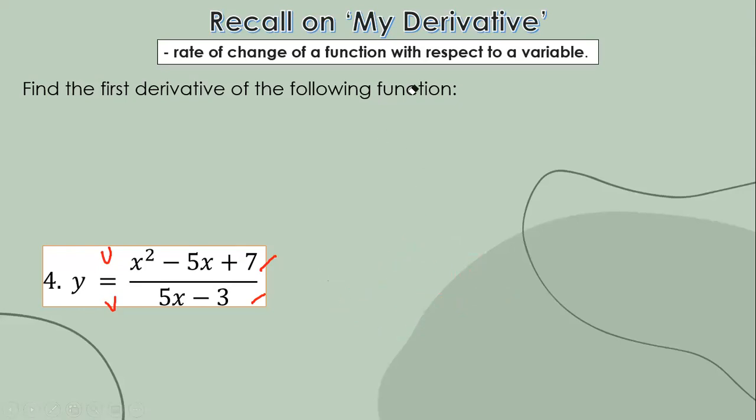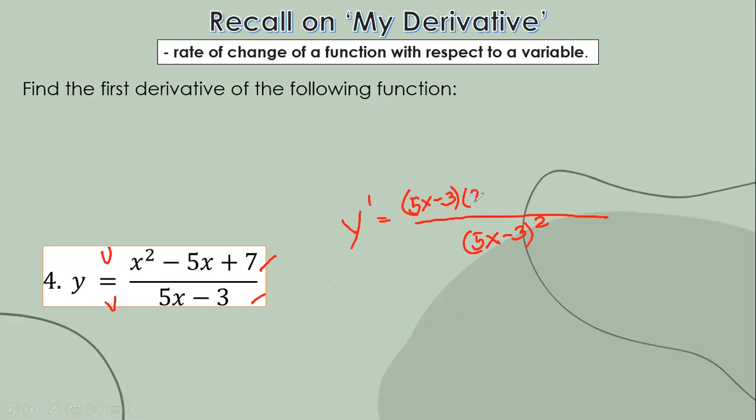So, ano sabi sa quotient rule? We have y prime is equal to, just copy the denominator sa baba, tapos square lang. And then copy ulit sa taas, 5x minus 3. Then i-multiply daw sa derivative ng numerator.